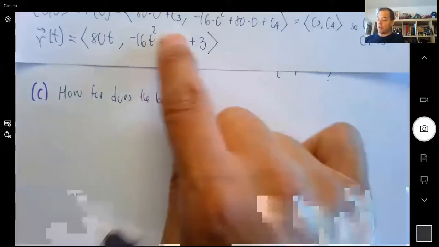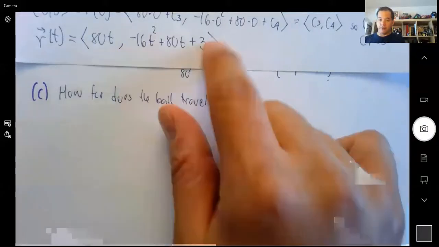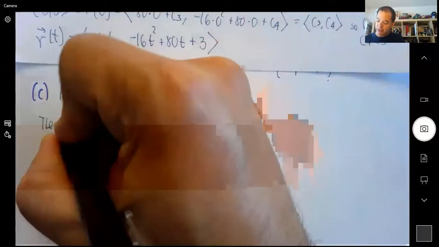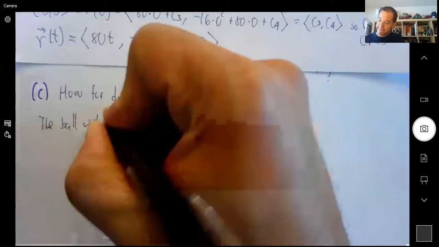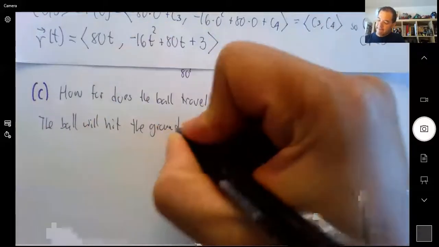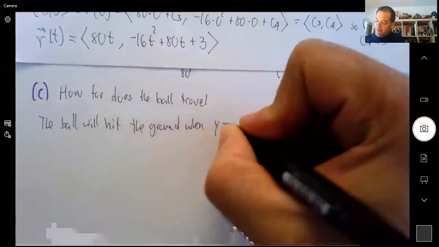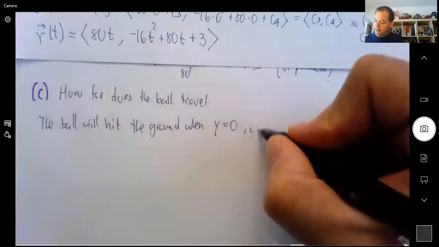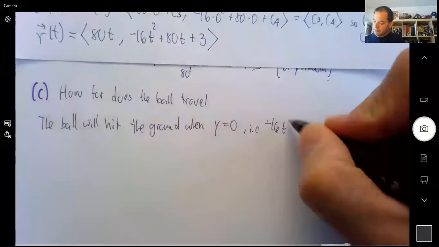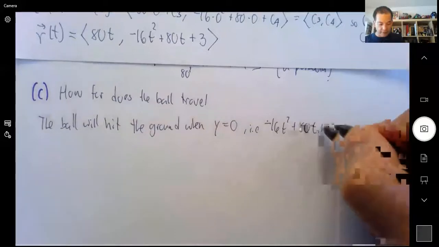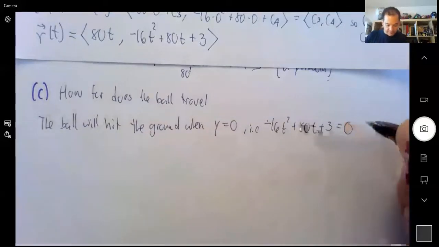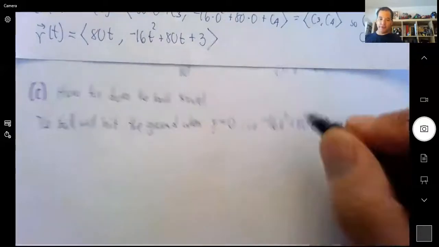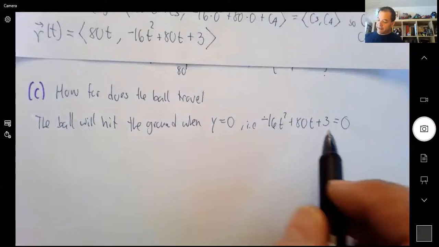It's going to be when y is 0. This y, i.e. negative 16t squared plus 80t plus 3, is 0. We need to solve this equation, and then you find the t.